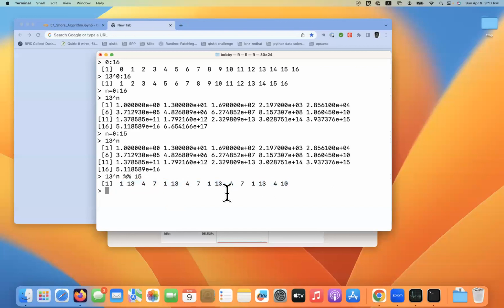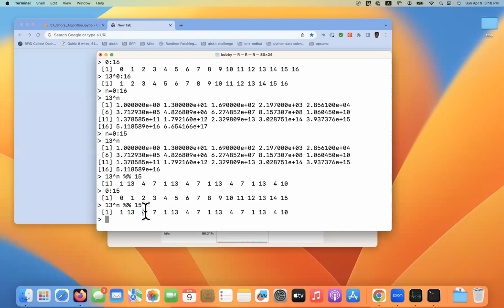Okay, so the input register looks like this, and the output register looks like this. Now, when you measure the output register, it will give you a certain number. So let's say that when you measure the output register, it gave you the number 4.